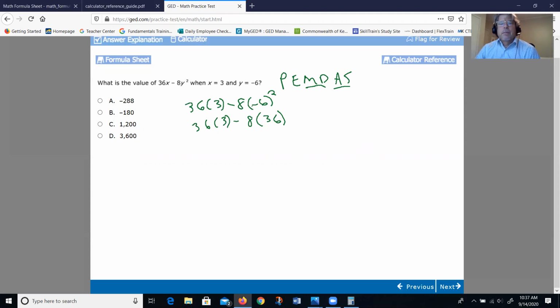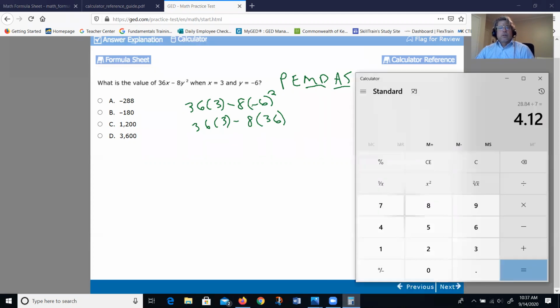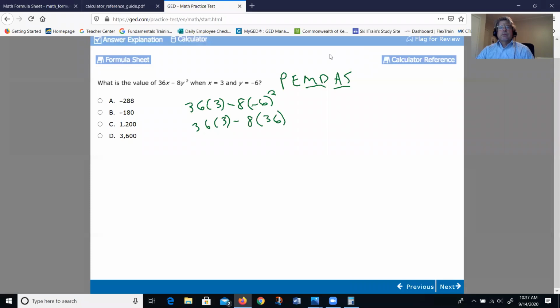So let's see if I can get my mouse to show up for me. So I have this 36 times 3, which is going to be 108, minus 8 times 36.